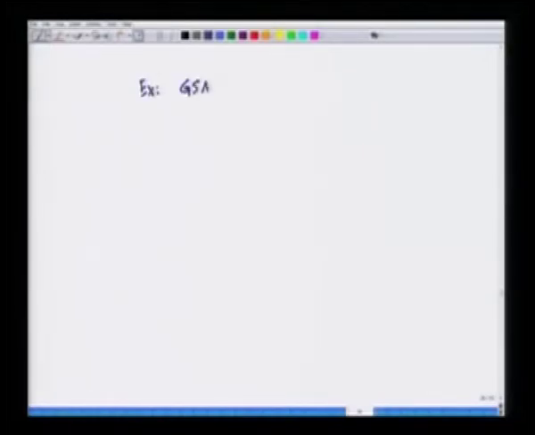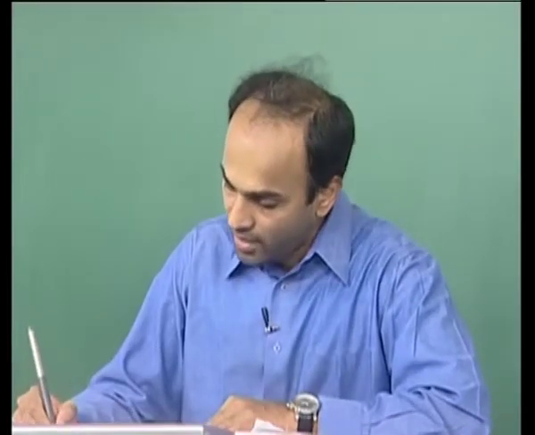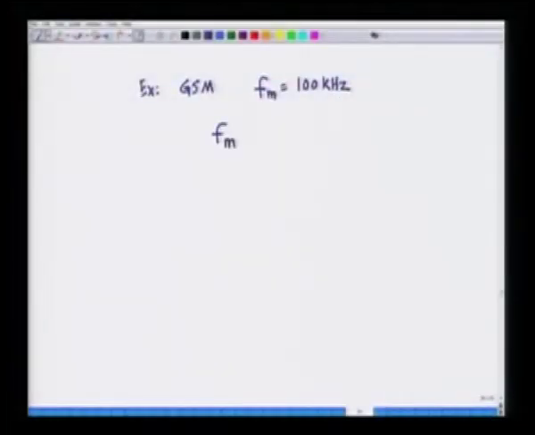Now, if f m is less than 1 by tau I for all I, this signal is a narrow band signal. This is the narrow band condition.